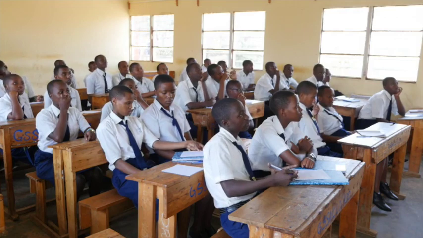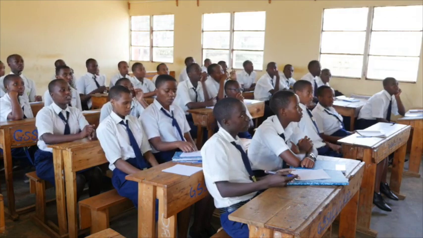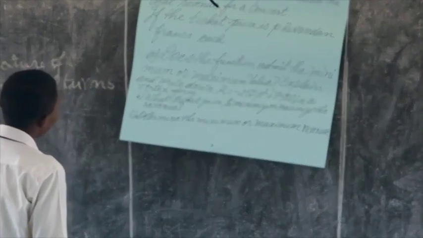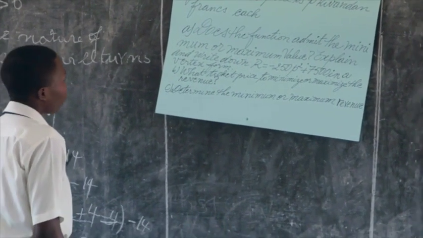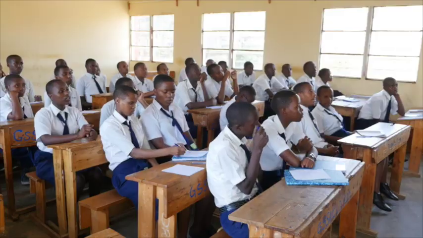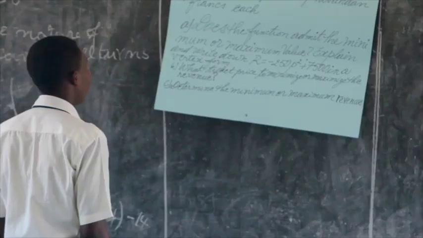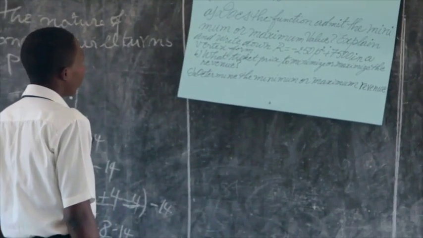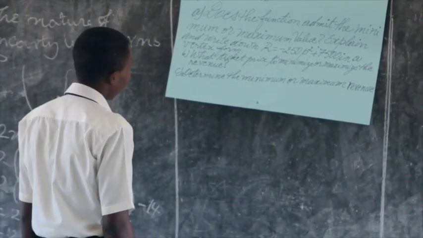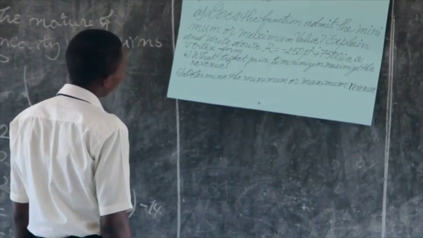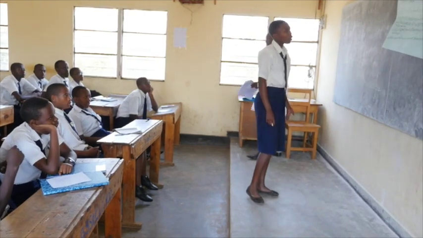A concert promoter uses the formula R equals minus 250 p squared plus 7,500 p to calculate the total revenue for a concert, if the ticket price is p hundred francs each. A, does the function admit the minimum or maximum value?